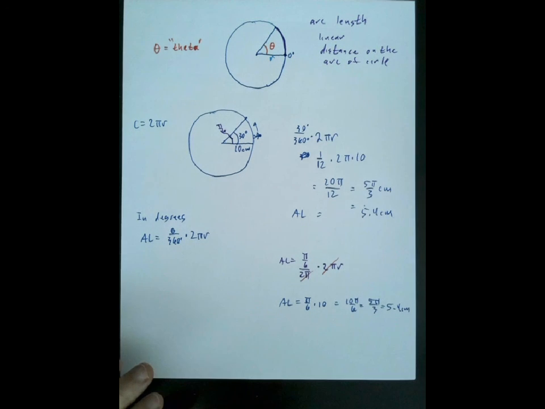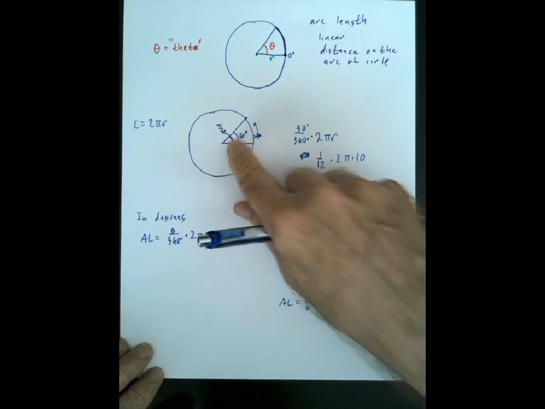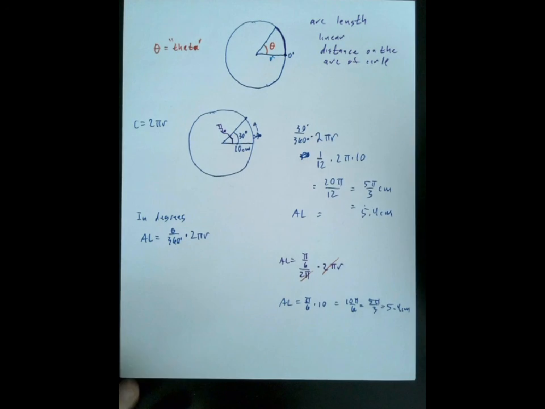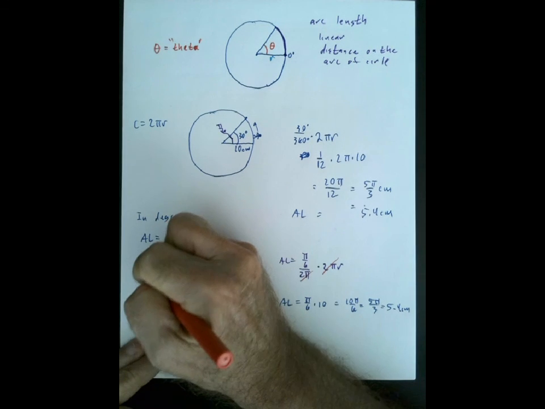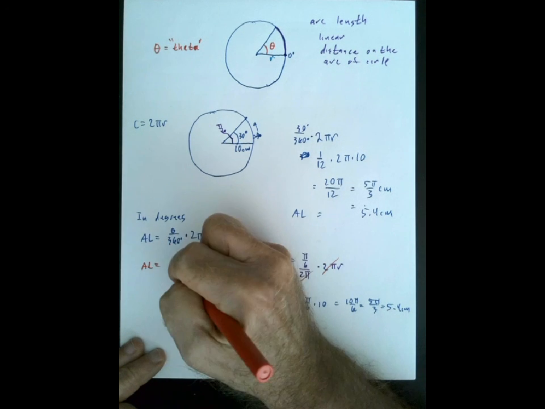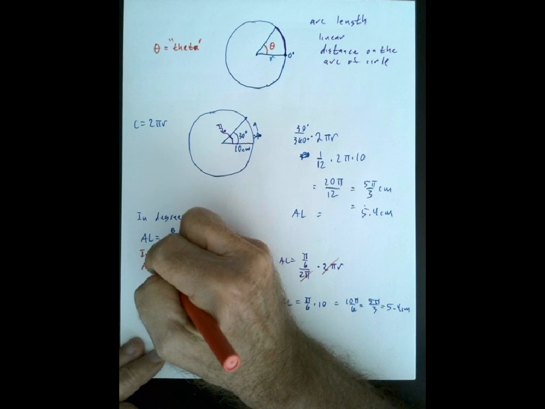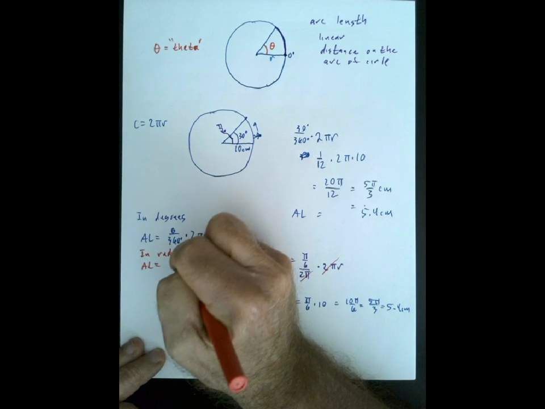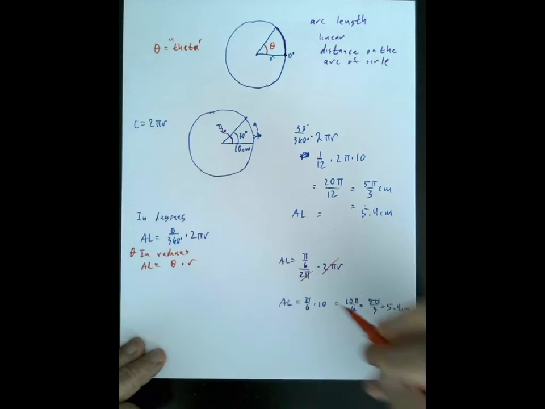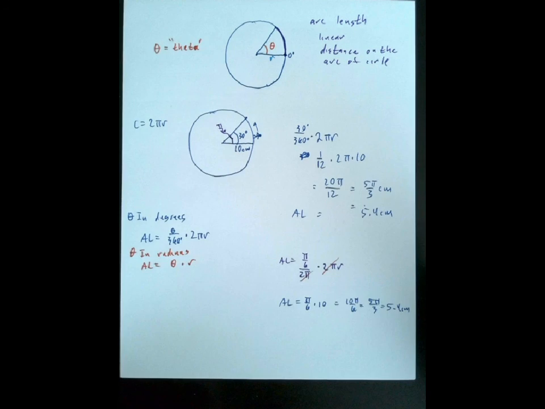So if you have to figure out the arc length, and you're given the angle in radians, then you only have to use this formula: the arc length is equal to theta times r, and this is theta in radians, and the first one was theta in degrees.